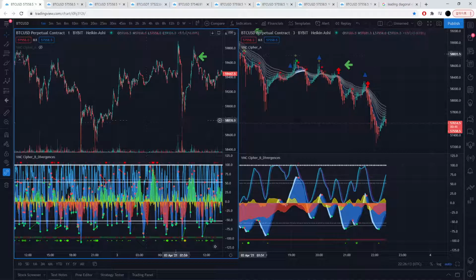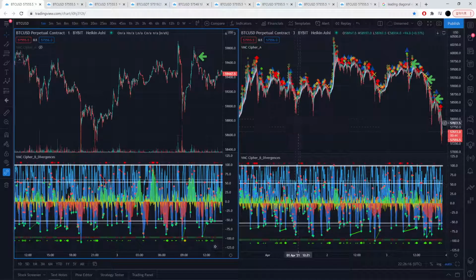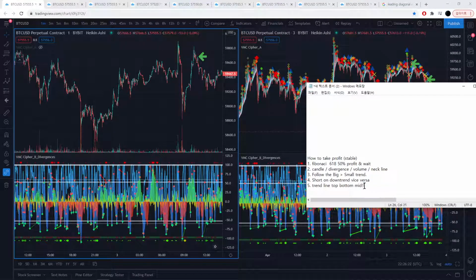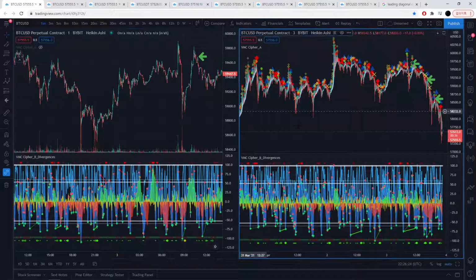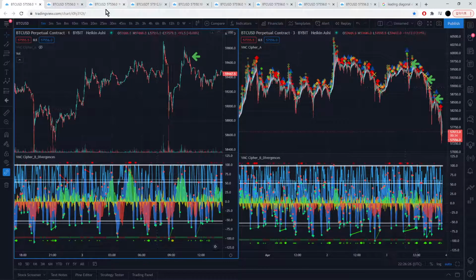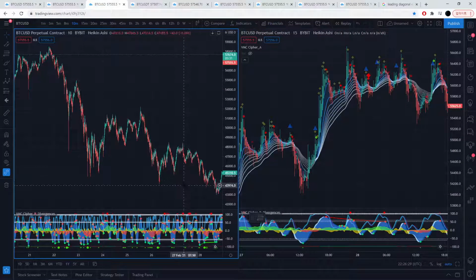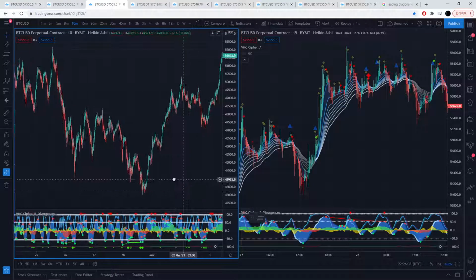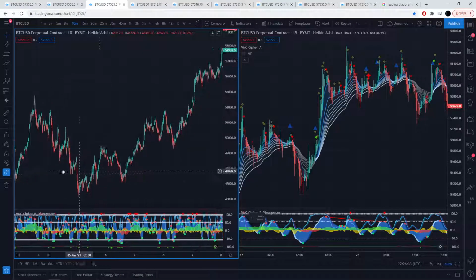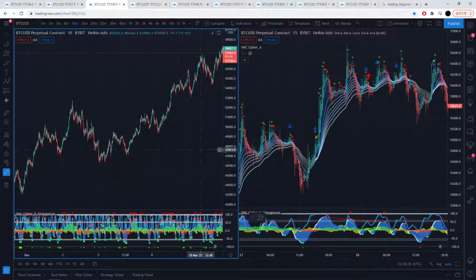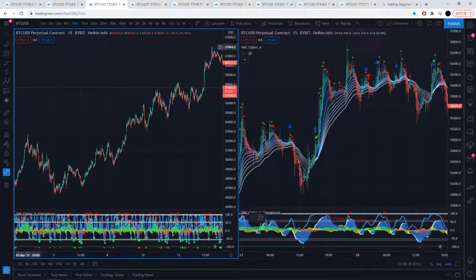A long position will be only if it's in an uptrend. Okay, what else? Yes, this is also a very good method that I previously showed you guys. So, for example, let's say this is a trend line right here.